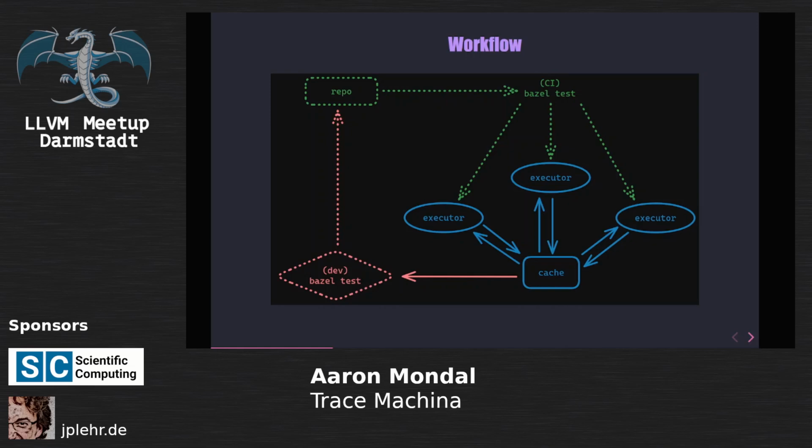And all those executors also talk to this cache. So now you have this cache in your cloud, and when another developer comes in, they will have access to this warm cache as well. With this kind of system, you build everything maybe not just once, but very, very few times compared to a standard workflow.